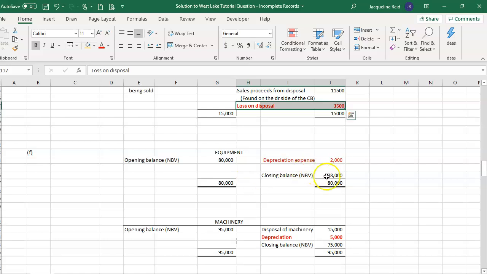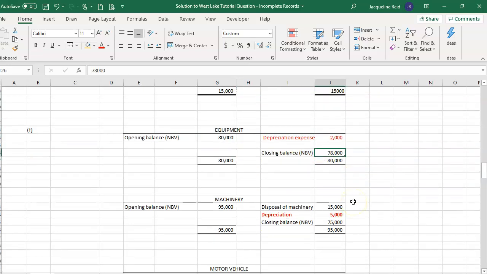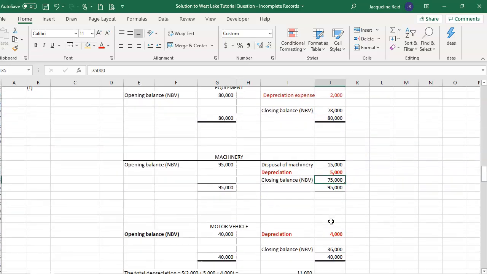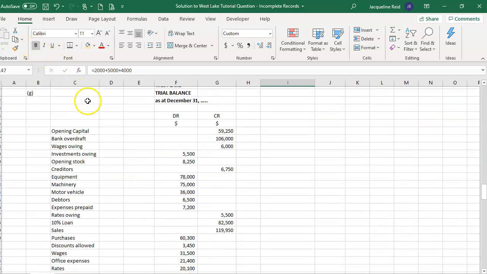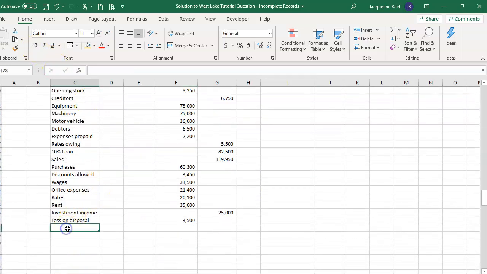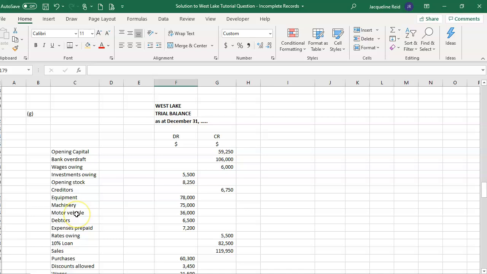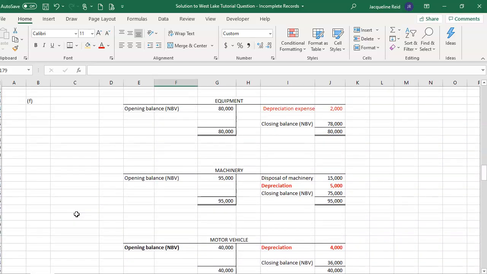Now we already picked up the closing balances in the trial balance for these assets, but we now need to pick up the expense of 11,000. So I'm going to scroll down now and put in depreciation expense, and that figure was $11,000. Good, we're making progress.